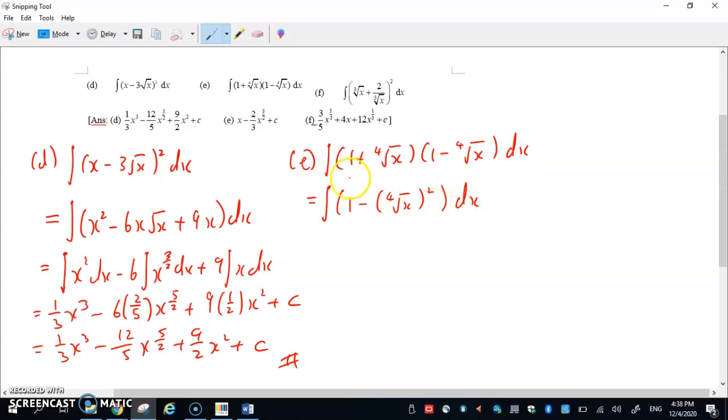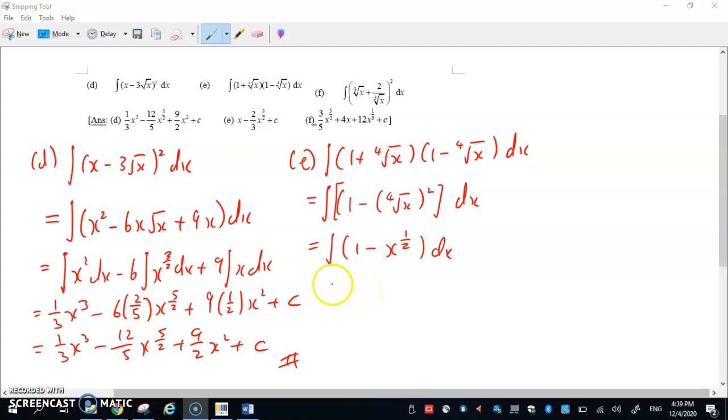So we are actually using the identity a minus b times a plus b is equal to a squared minus b squared. So what we get is we can simplify further to get 1 minus, okay, so root 4 is actually x to the power of 1 quarter. So when you square it, you get x to the power of half, and dx over here.